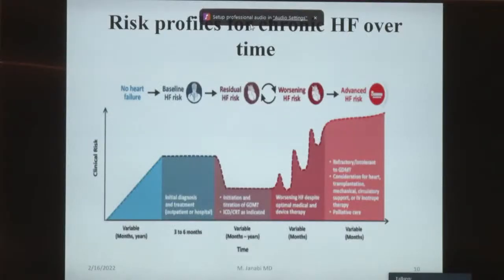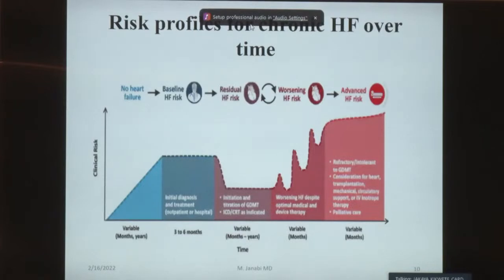And I'll try to accelerate it a bit further. Earlier I said heart failure is not stable. It's never been a stable disease. So let's look at the natural history. You start with no heart failure like all of us here. Then you go to the baseline risks of heart failure, kisukari and others, which will take you 3 to 6 months.